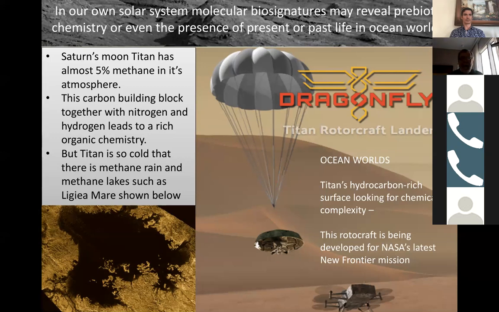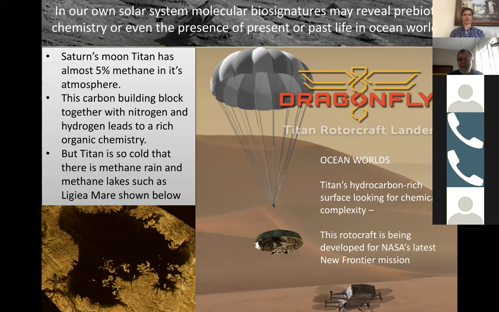Really rich organic chemistry. And really interesting news, the latest mission that NASA selected as part of the New Frontiers, basically billion-dollar class mission proposal, was a mission called Dragonfly. And it's a really apt name because what Dragonfly is going to do is parachute down into that atmosphere.